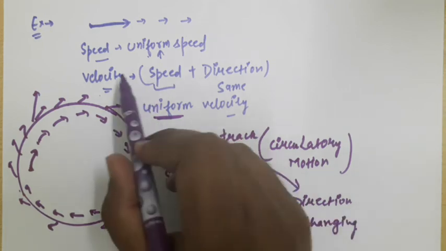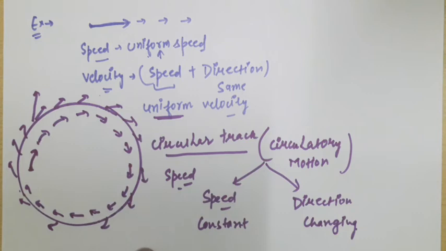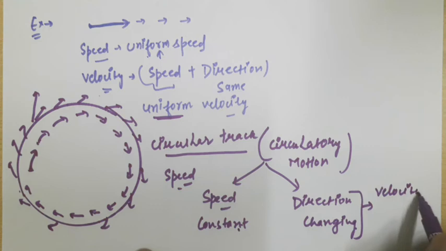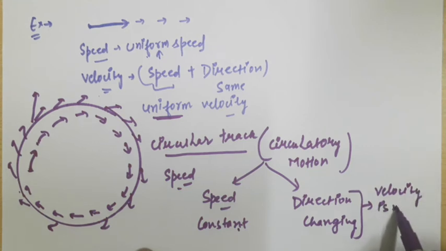We know that velocity is speed plus direction. So here the speed is constant, but direction is changing, so we can say velocity is not constant, right?